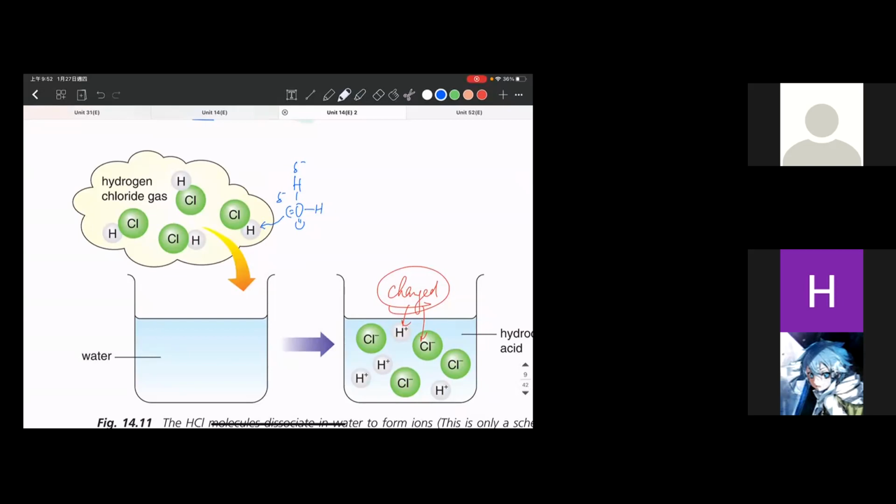Have you ever seen that it will hit this part? No, it will hit this part. And then what will be formed? You may have got a slight change in the distribution of electrons in the covalent bond.